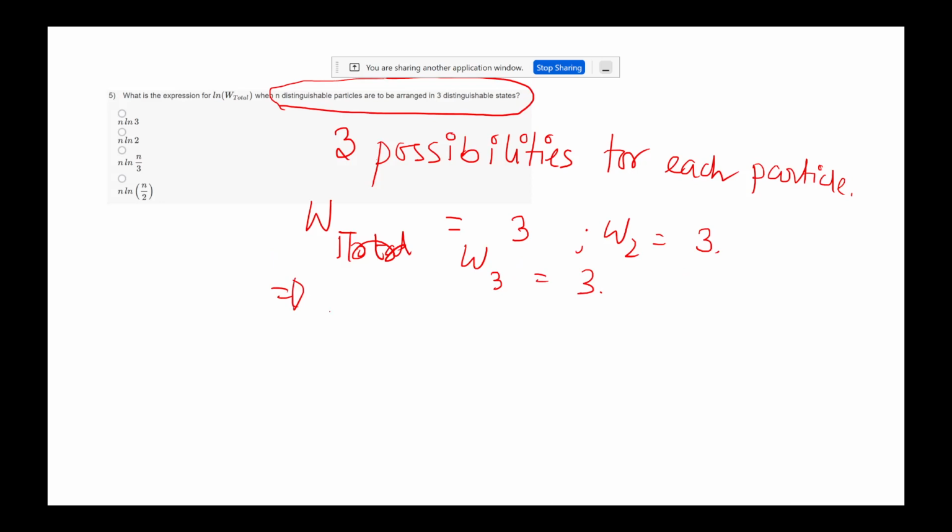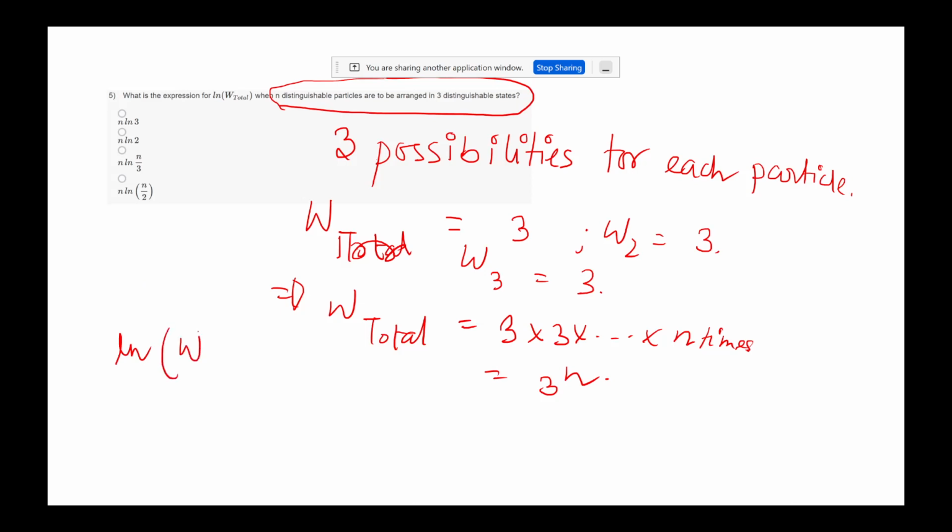Then the total will be 3 times 3 times, n times. That will give you 3 to the power n. So ln of W total will be n ln 3. Okay, it is pretty simple, right? Yes. Pretty simple.